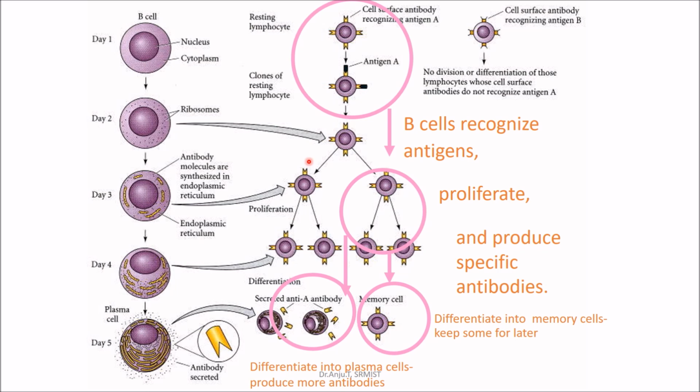If a B cell encounters an influenza virus, all the effector cells will be producing antibodies specific for that influenza virus only.